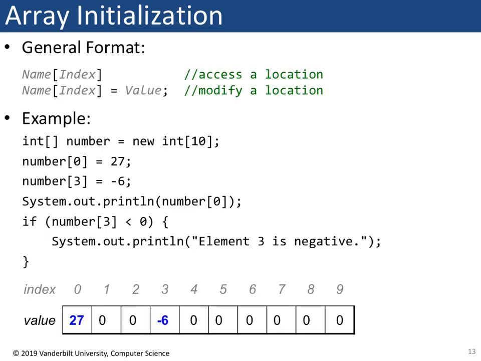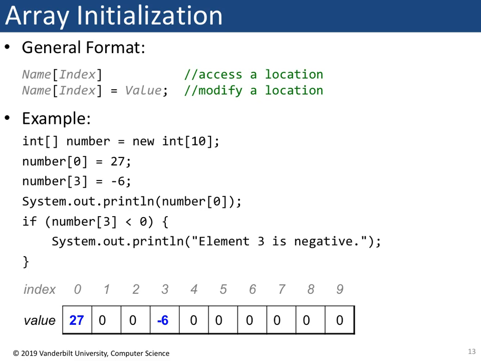So the general format to be able to access a value in a particular element of an array would be the name of the array followed by open bracket and then the integer expression, which will give us the index that we want to access.